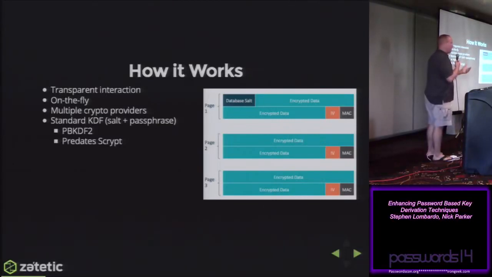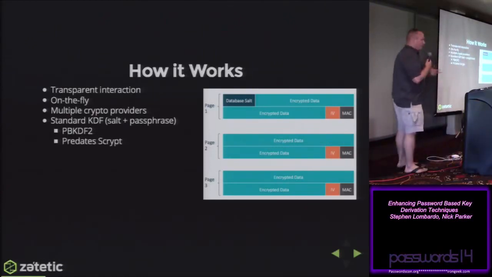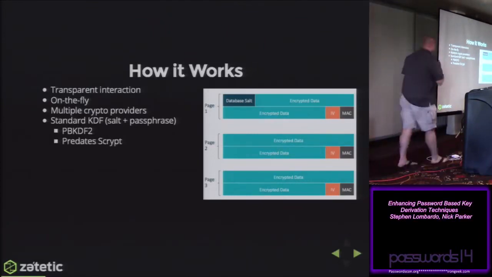You provide the passphrase, and you get your data based on the queries that you operate on. When you insert data, we encrypt it for you automatically. It's on the fly, so the entire file is encrypted. However, if you are querying for a certain portion of data out of your file, it'll only decrypt the amount of data that it needs to retrieve for you.